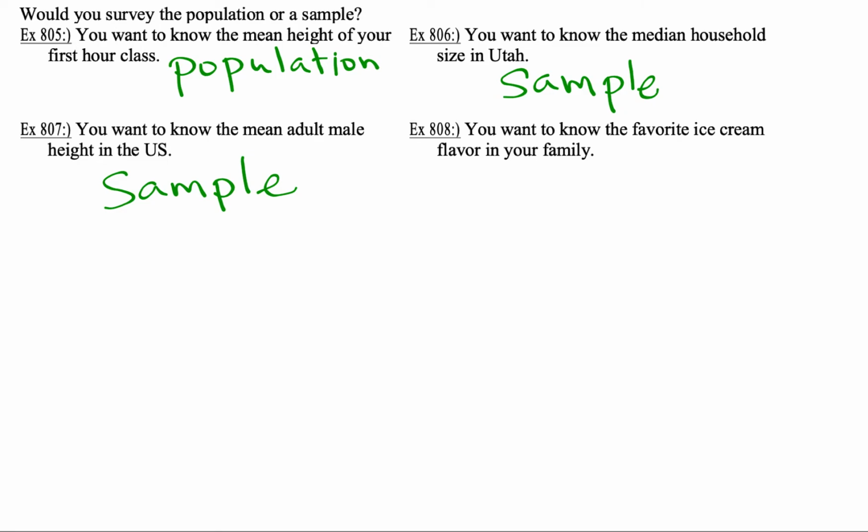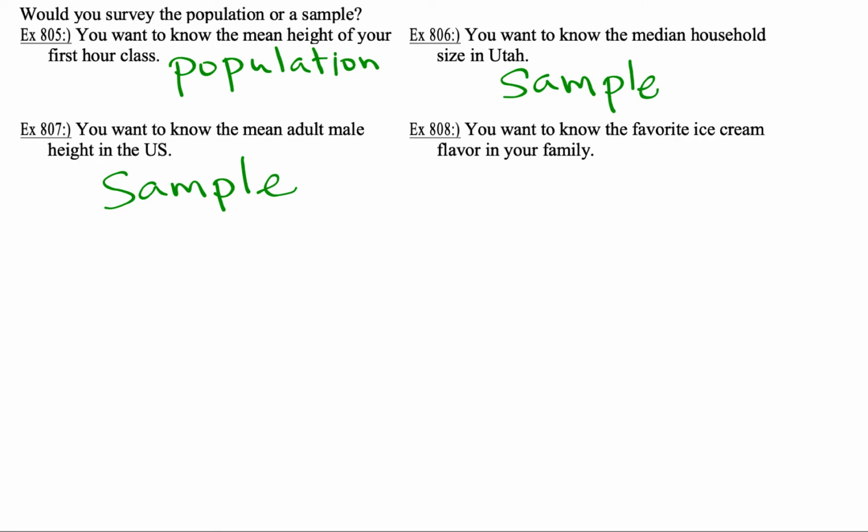It's just unrealistic to try to gather all that data. But they do have a lot of this type of data. People go to doctor's offices, maybe they get their height measured, that data gets passed on, and they do have average statistics for the average height of an adult male, the average weight, a bunch of averages that are known because of some samples that have been taken. Quite large samples, in fact.